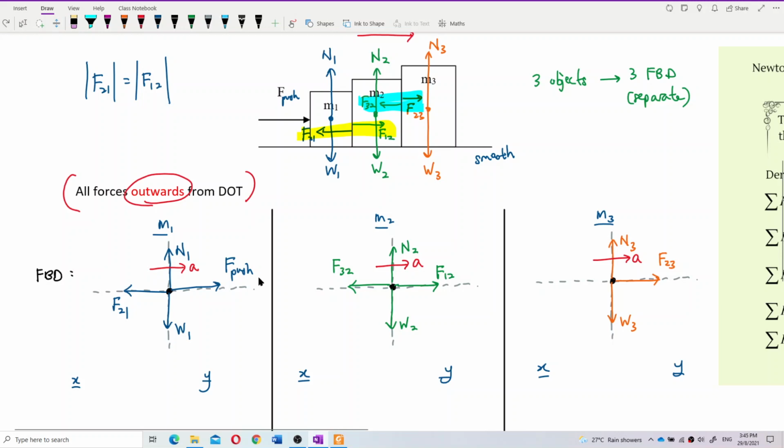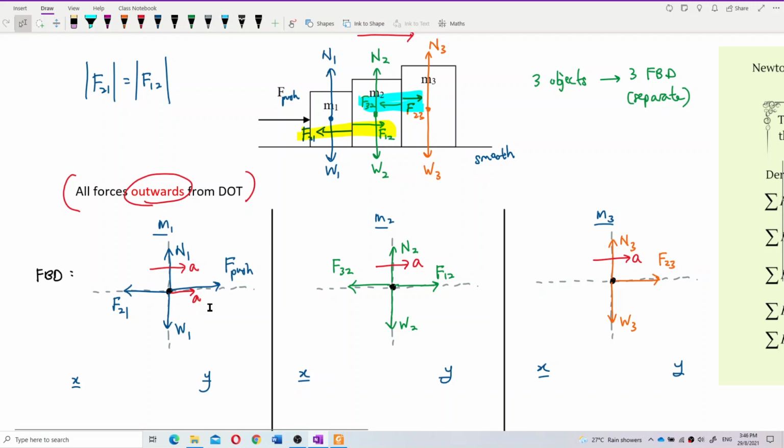And also the normal force, don't put N only. They have different normal forces, so you must put N3, N2, N1, all different. Acceleration, you need to draw beside the dot, not on the dot. Don't draw the dot accelerating to the right, because acceleration is not a force.